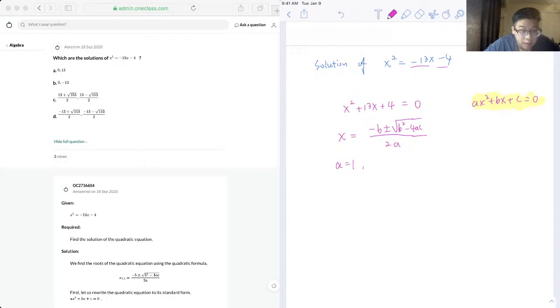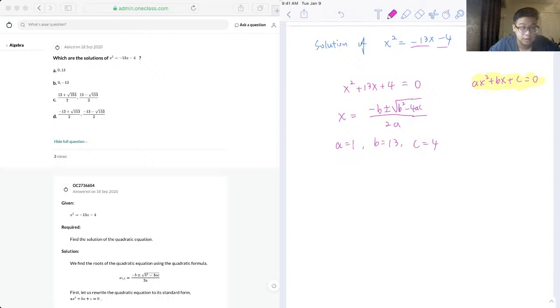And b is equal to 13, and c is equal to 4. So let's substitute the numbers in. So x will be equal to negative 13 plus or minus root 13 squared minus 4 times a, which is 1, times c, which is 4, over 2 times 1.